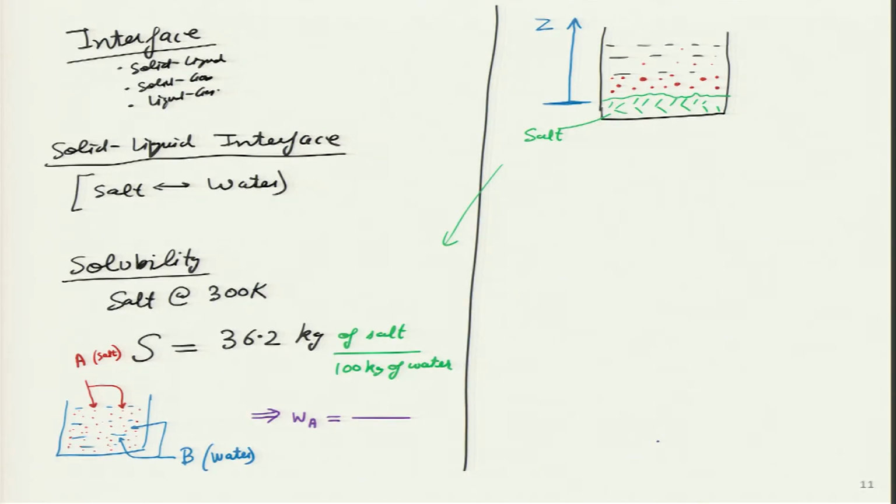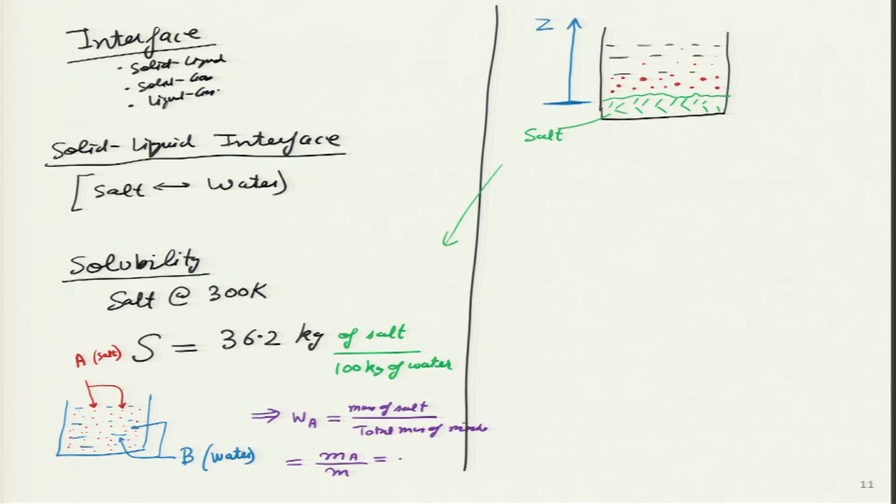So, WA is the mass fraction of salt. This will be defined as the mass of salt in this particular mixture divided by the total mass of the mixture, which means I can write it in this form: mass of salt divided by total mass.